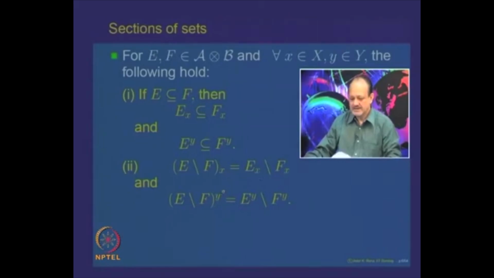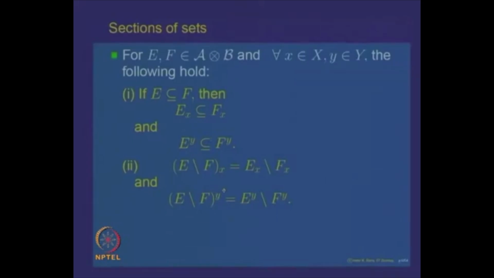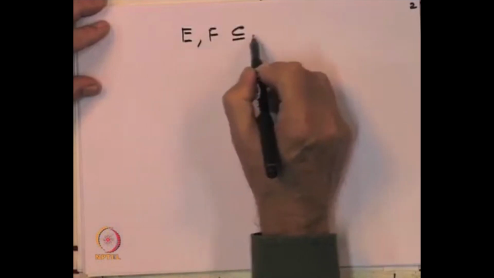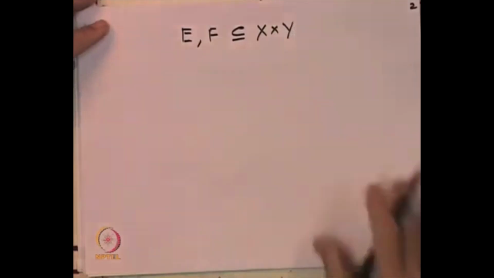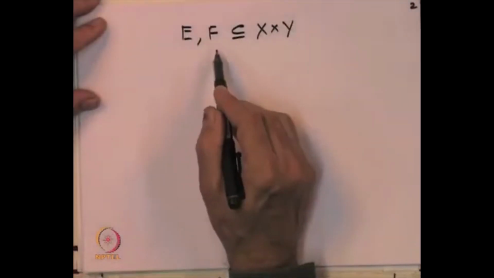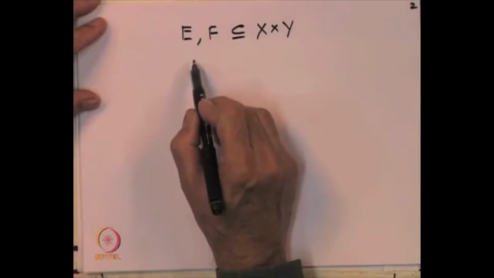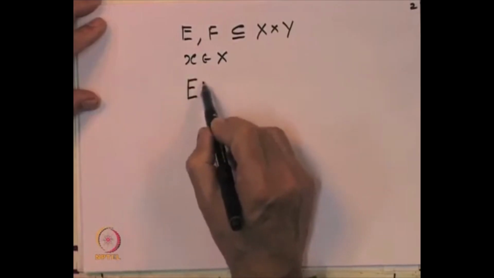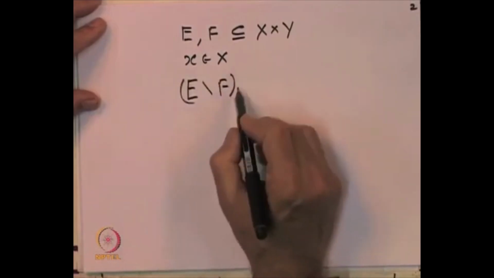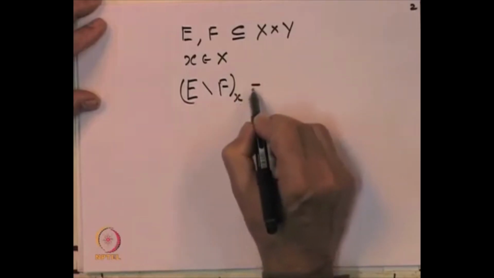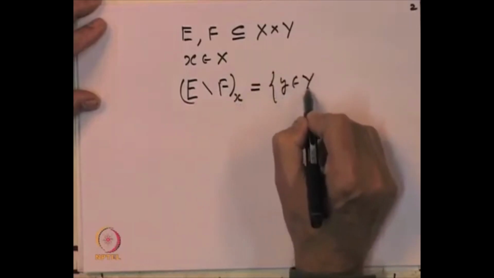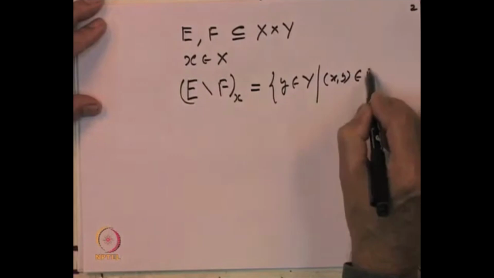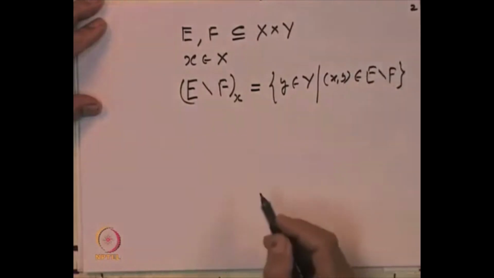So let us analyze this, namely that E and F are subsets of X cross Y. We are going to look at the difference and the sections. x is a point in X. So let us look at the section of E minus F at the point x. By definition, this is all points y belonging to Y such that (x, y) belongs to E minus F.